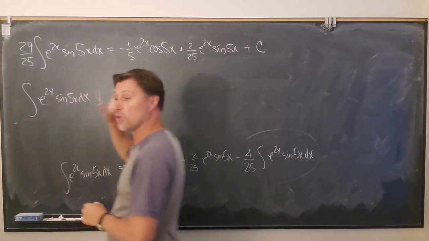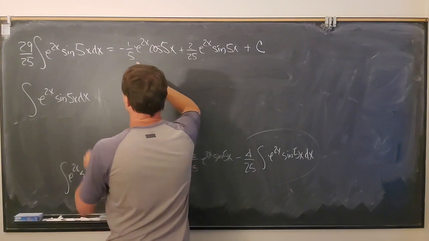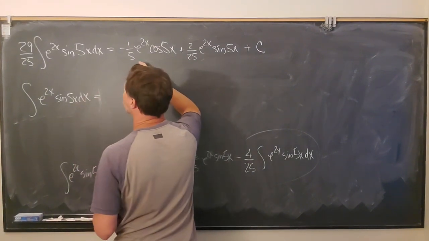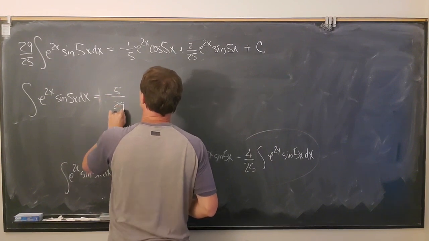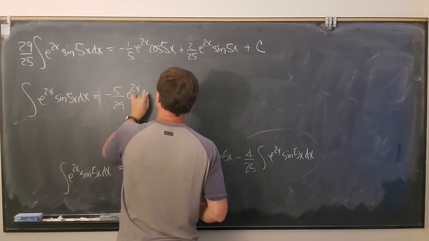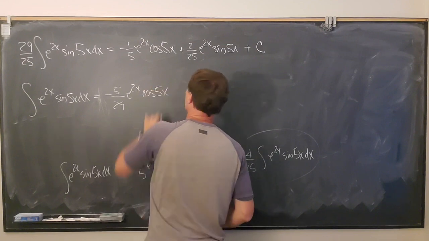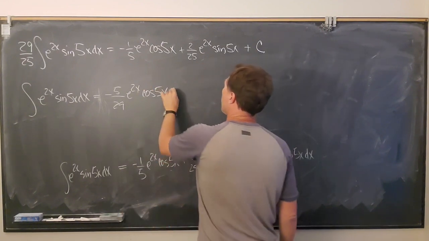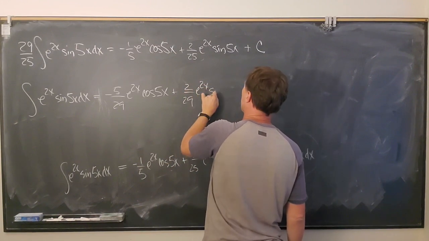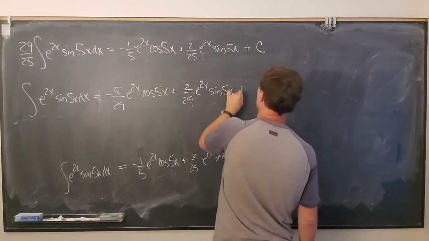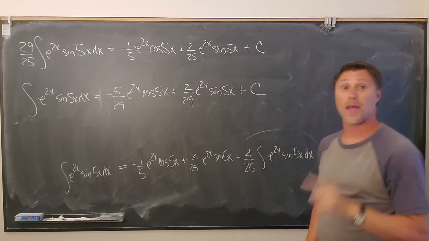So multiply by 25/29 here, and this will give us equals -5/29 e to the 2x cosine 5x plus 2/29 e to the 2x sine 5x plus c.